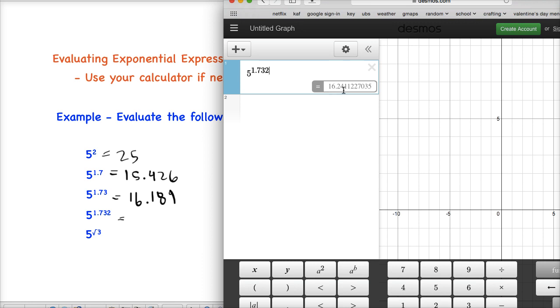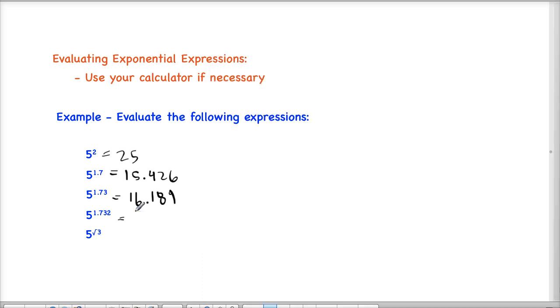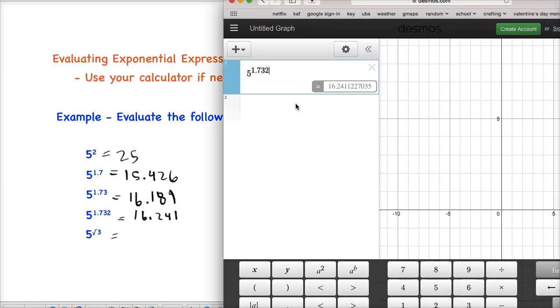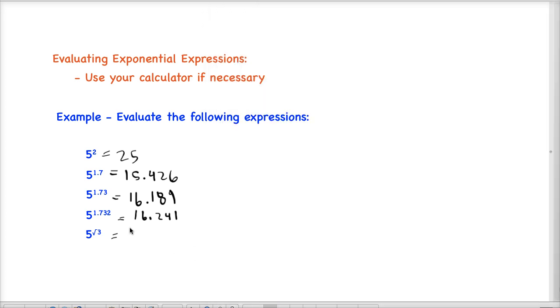So now it's 16.241. And then lastly the square root of 3 power. So let's delete all that, and then 5 to the square root of 3 is 16.242.